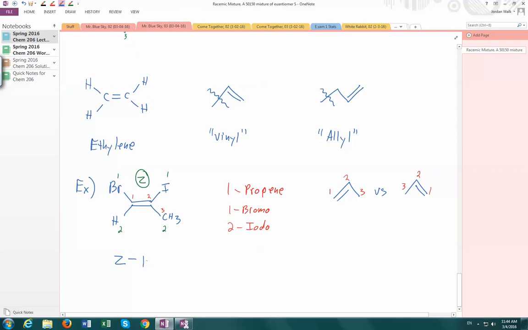All right, so we've got Z-1-bromo-2-iodo, and then we can just say propene because the 1 is unnecessary. Why does bromo come before iodo? It's just alphabetical, right? If those were swapped, bromo would still come in front. It would just now be 2-bromo, 1-iodo.